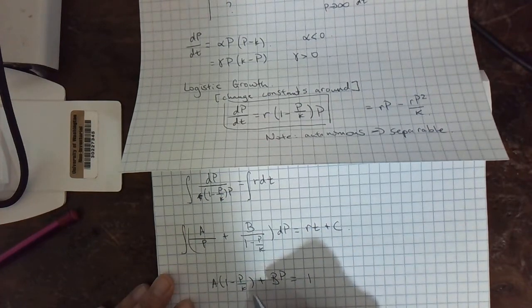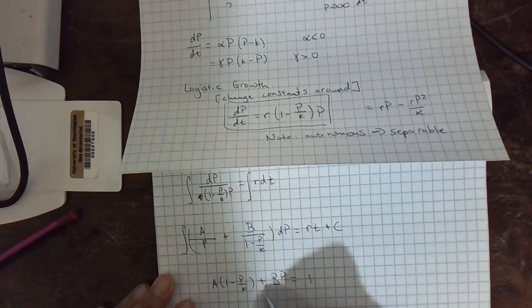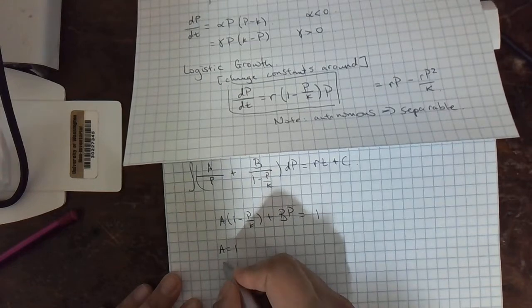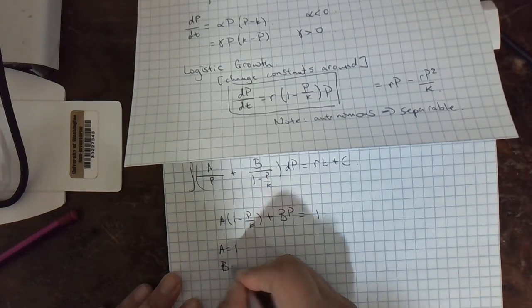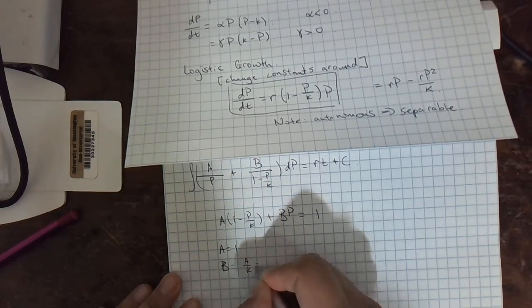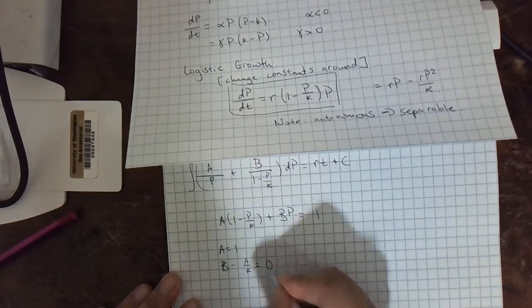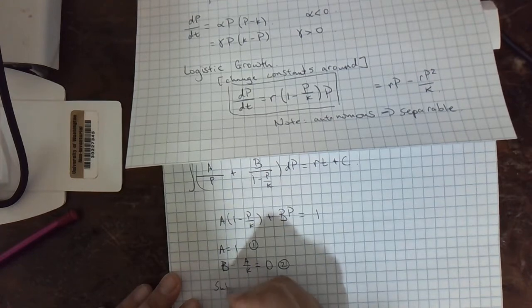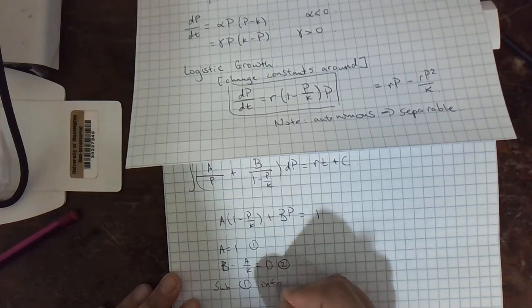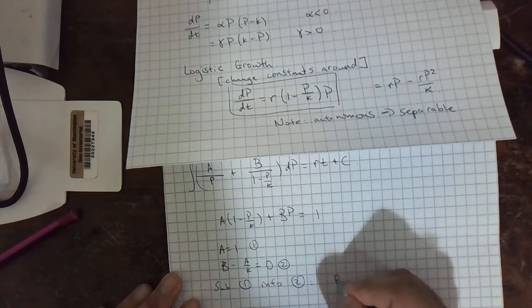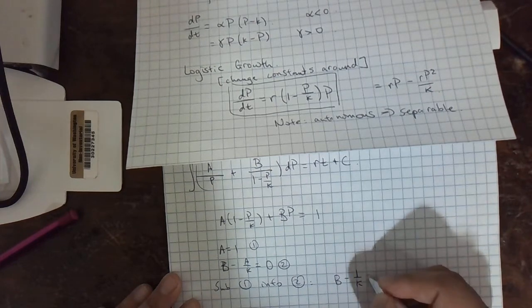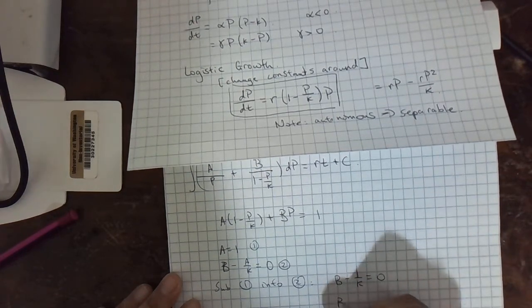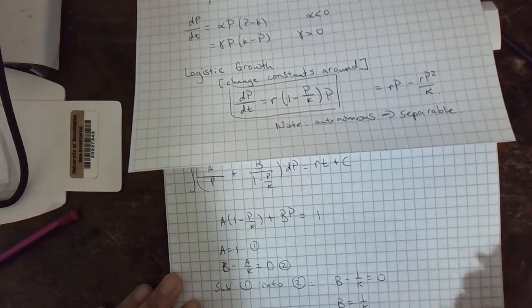So if you expanded that out, the constant term on the left would just be a, so a equals 1, and then the p coefficient on the left would be b minus a over k. And the p coefficient on the right is 0, so that's 0. Okay? So then if we sub 1 into 2, we get b minus 1 over k is 0, which means b equals 1 over k.